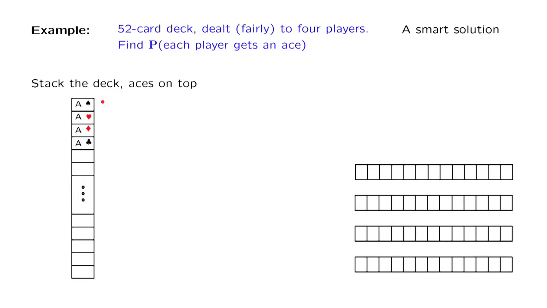We think of each player having 13 slots of his own, and the cards will be placed randomly into the different slots. So we can do this one card at a time, starting from the top. We take the first ace and send it to a random location. Then we will take the second ace, send it to a random location, and so on.